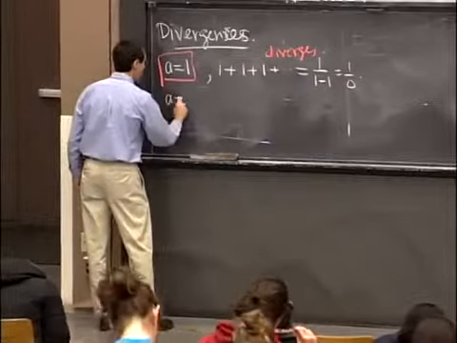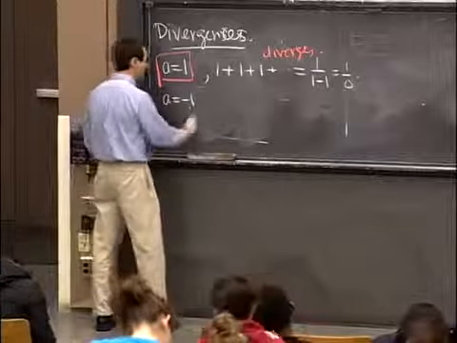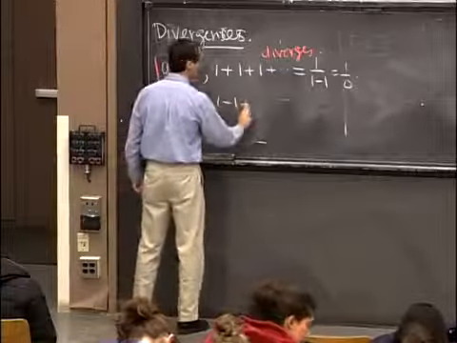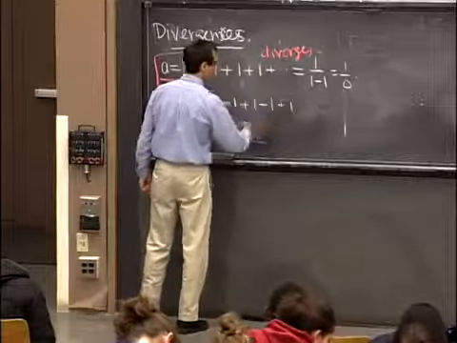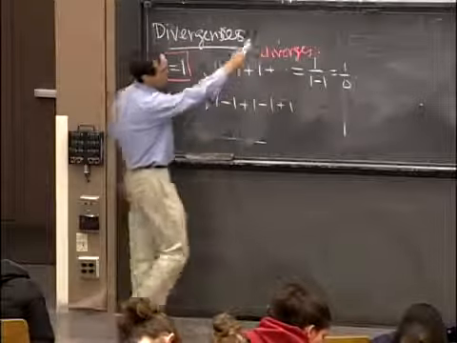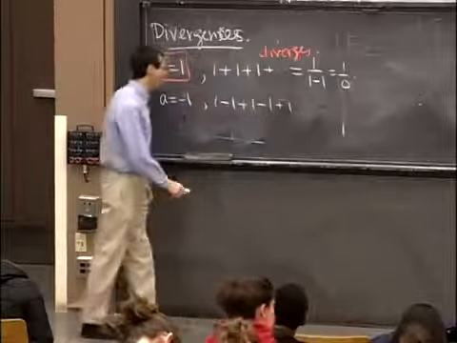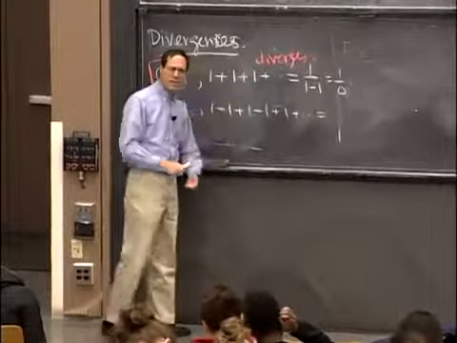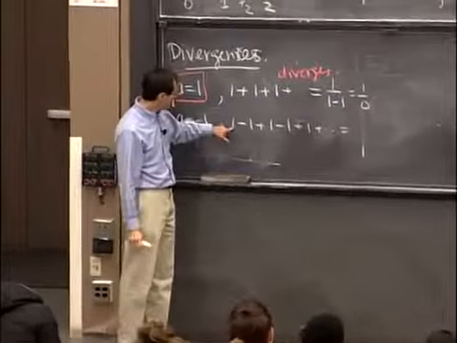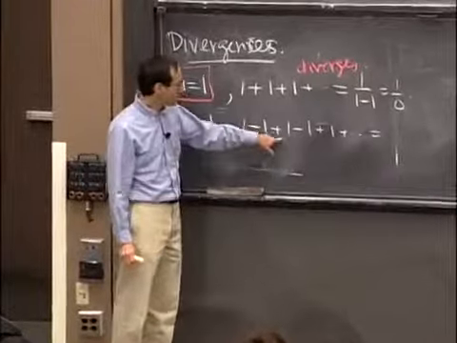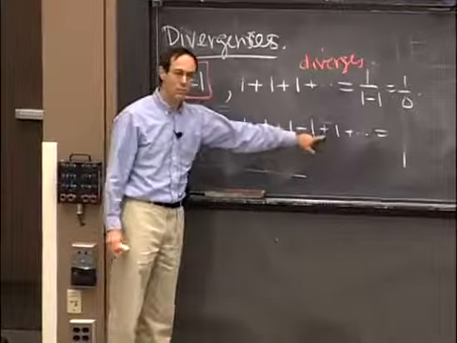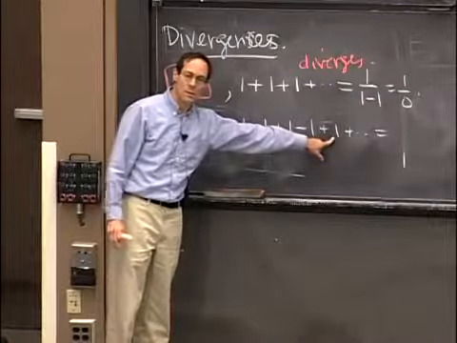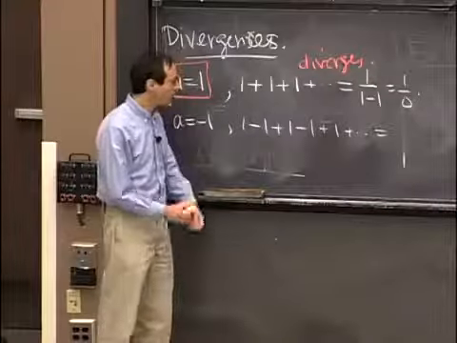Similarly, if I take a equals minus 1, I get 1 minus 1 plus 1 minus 1 plus 1, because the odd and the even powers in that formula alternate sign. And this bounces back and forth. It never settles down. It starts at 1, and then it gets down to 0, and then it goes back up to 1, down to 0, back up to 1. It oscillates.